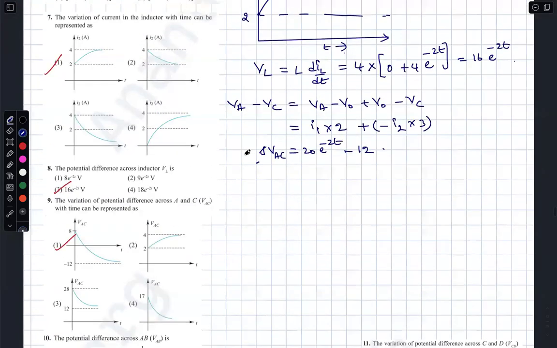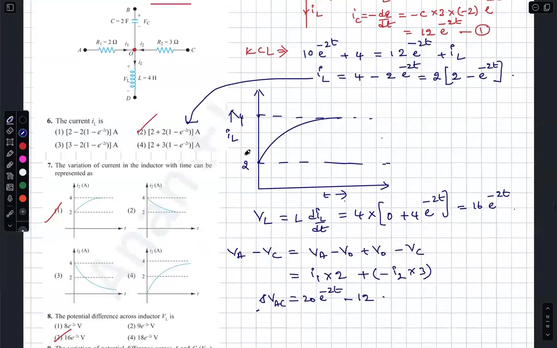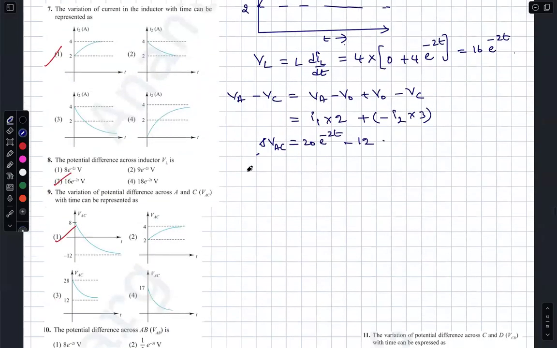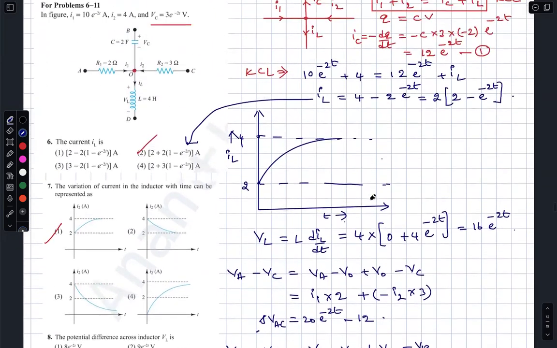Next, the potential difference across AB. I will write only the same: VA minus VO plus VO minus VB. Already we have this, I1 into 2, 20 times e power minus 2t, plus VO minus VB.